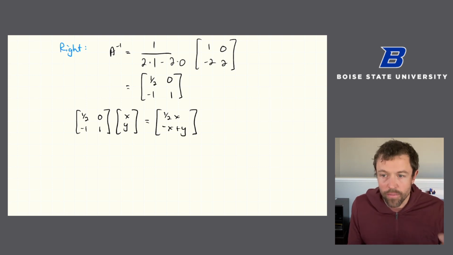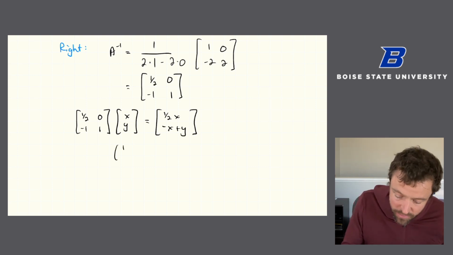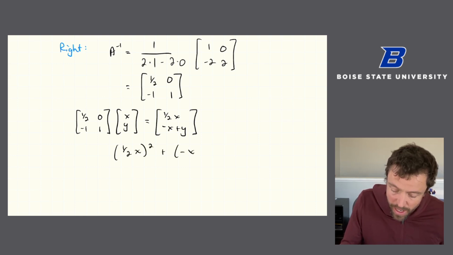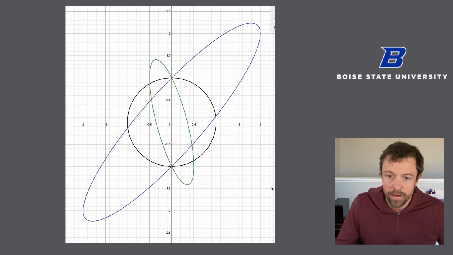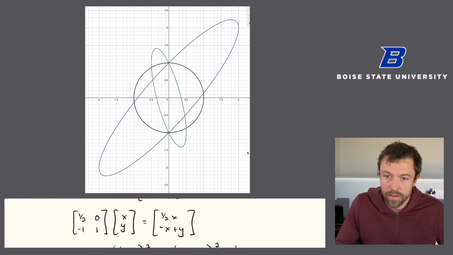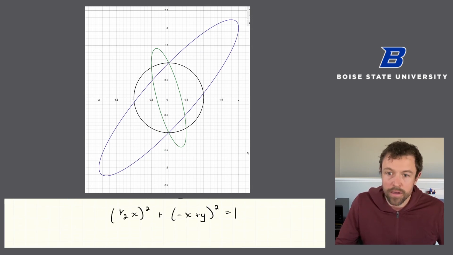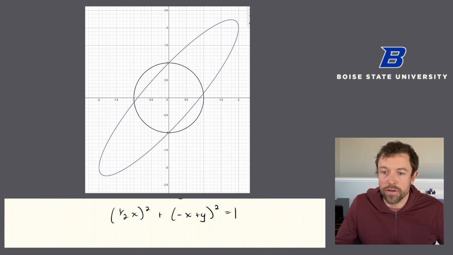And so what we want to do is take our equation and replace x with 1/2 x and replace y with minus x plus y. And then we get the right thing. So this equation is the correct equation for the purple ellipse.